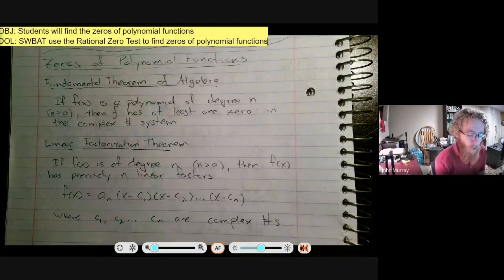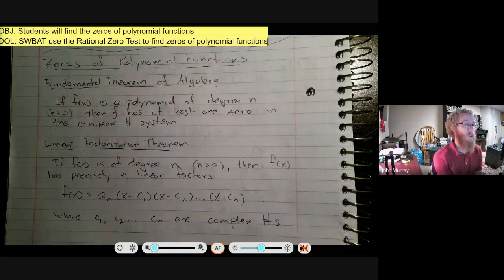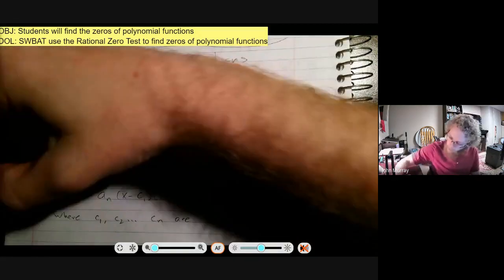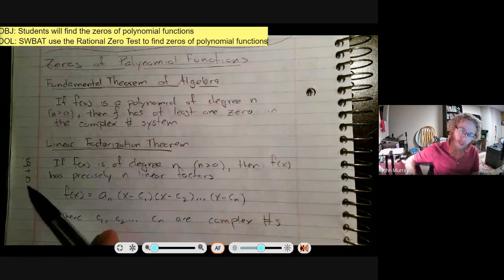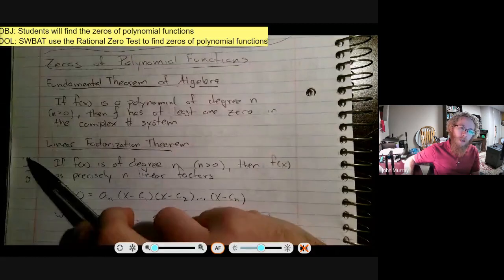Okay, so we talked about how sometimes we have quadratics, some parabolas that don't cross the x-axis, right? So those would have one or two complex zeros. Also remember that technically a real number is a complex number that doesn't have the imaginary part. So we have a plus bi as our complex number.